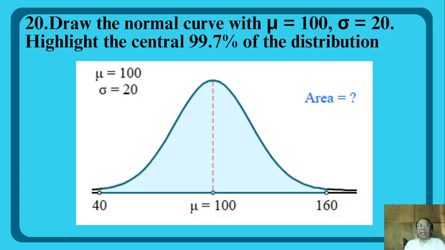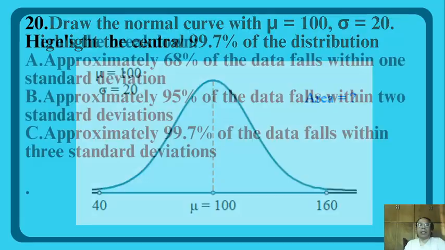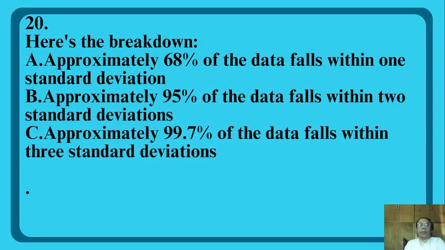So 100 minus 60, so you have 40. And then 100 plus 60, that's 160. And then approximately 99.7% of the data falls within the 3 standard deviations.